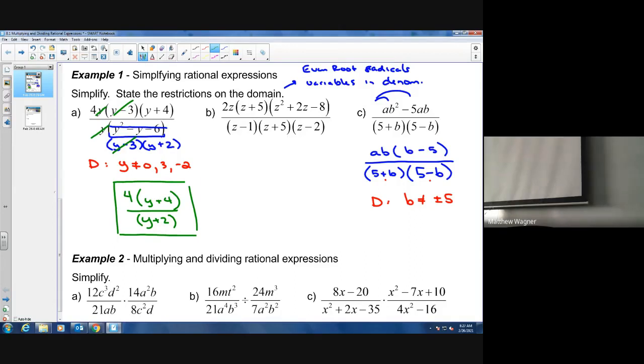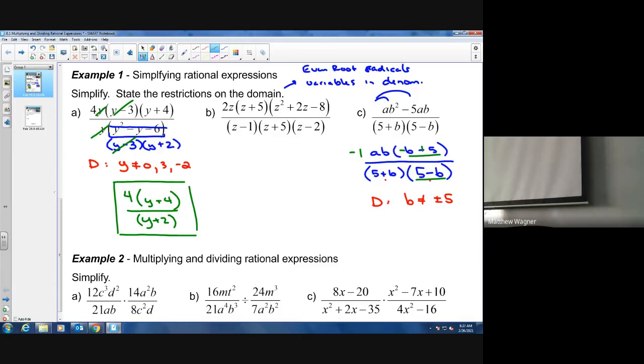Oh man, those are really close to each other, aren't they? At first it looks like we can't cancel anything because nothing's the same. But those two expressions are really close to each other. What if I were to factor out a -1? That would make this negative and that positive.